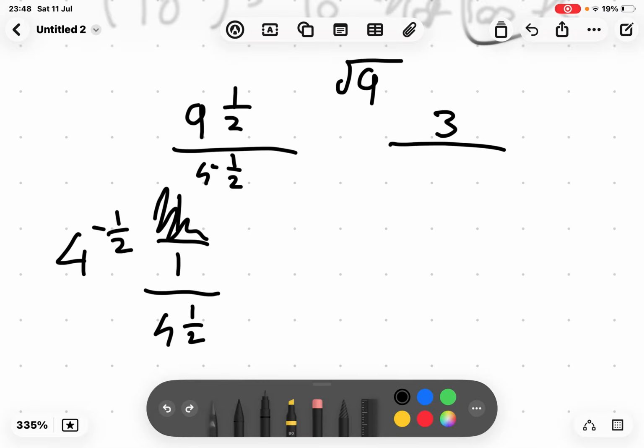You can square root it, and then you get 1 over 2.